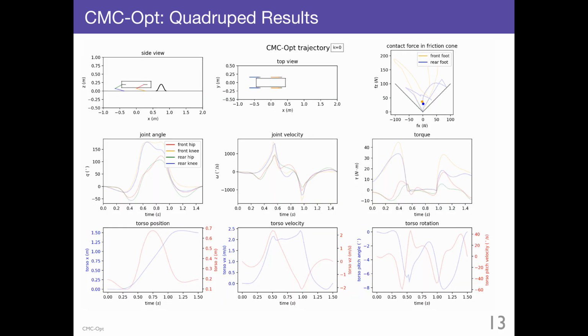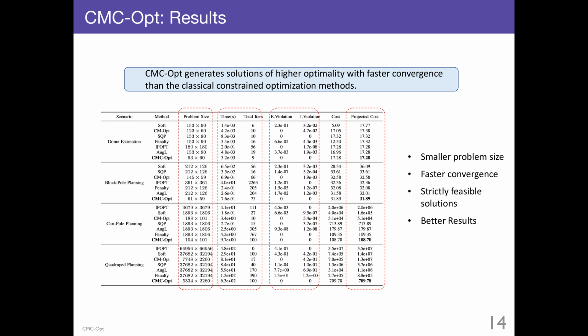This is an example of that quadruped example. All the constraints are satisfied. This is fairly complex. At the original level, it's tens of thousands of variables, but when we switch to manifold variables, it becomes maybe 1,000, right? And we beat all other classical constrained optimization methods.